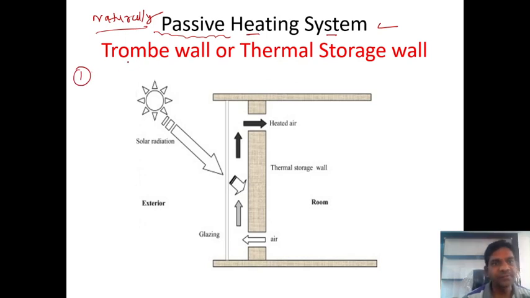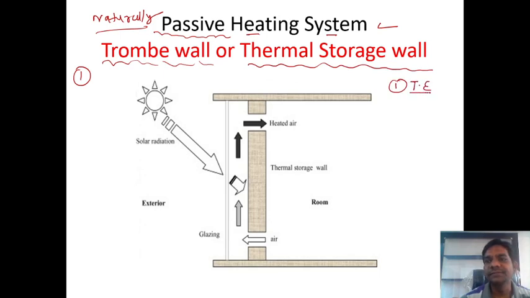The name of the application is the Trombe wall, or thermal storage wall. Here we use it to store thermal energy. The radiation which comes from the sun, the function of the sun being to emit radiation, is used for storing purpose.